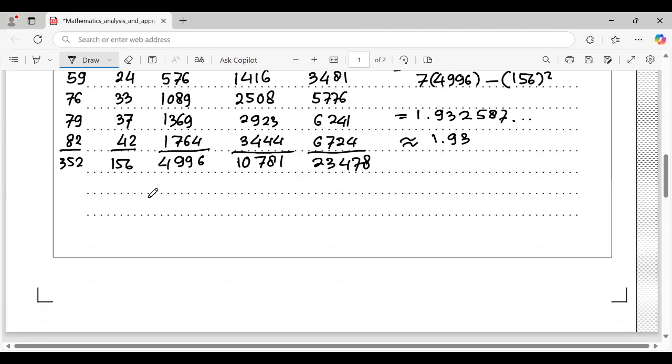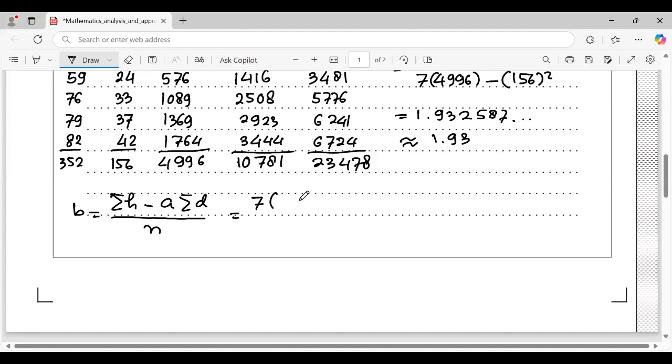After that, B. B equals sigma H minus A times sigma D, over n.